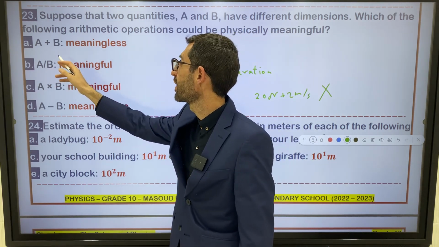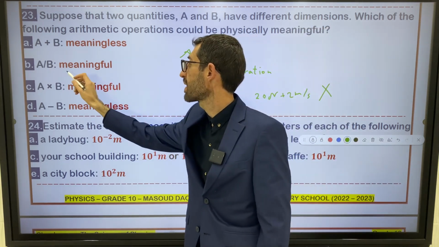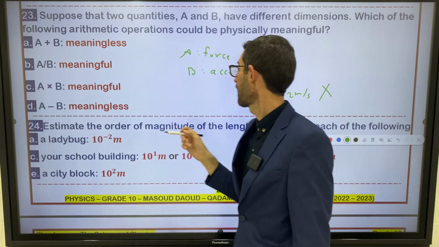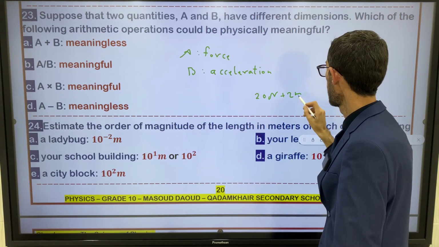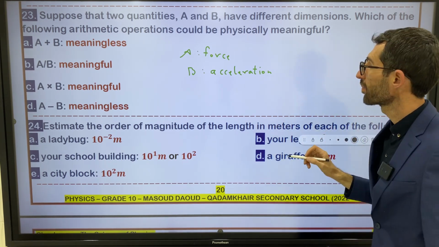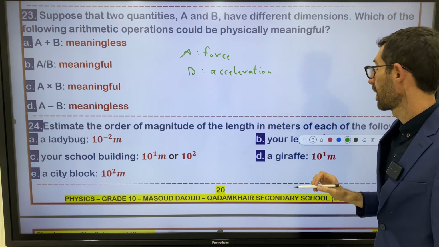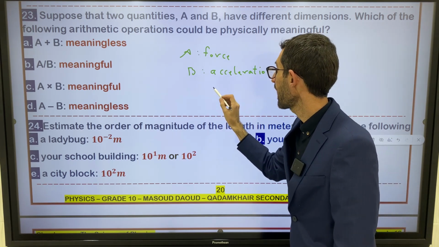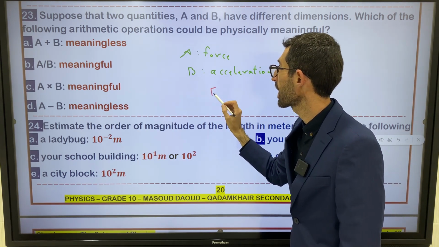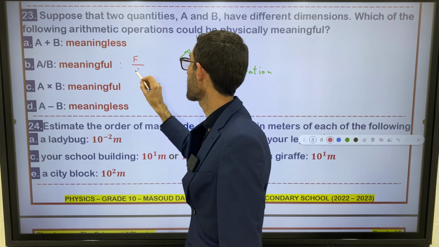Let's go to B, A divided by B. Why do we say it's meaningful? Let me examine this one. Let's solve B for you in another color. A over B, for example F divided by acceleration.